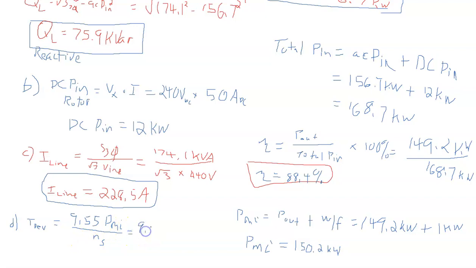Like we said, 9.55 multiplied by 150.2 kilowatts and divide that by the speed. Now assume the speed was given, yes, 900 RPMs.